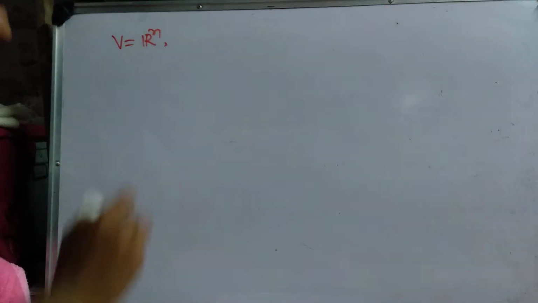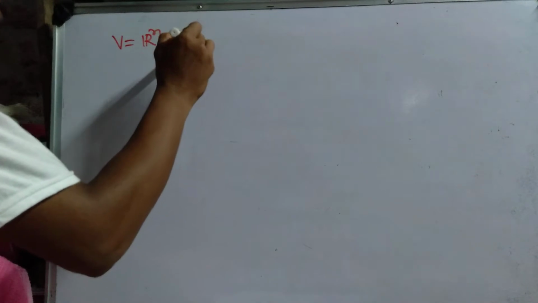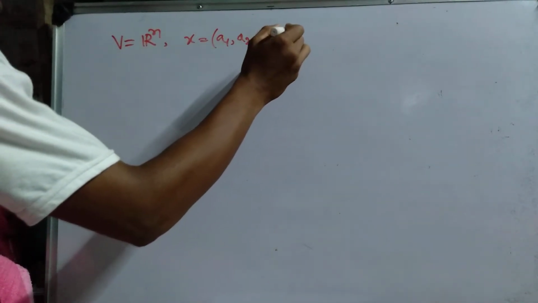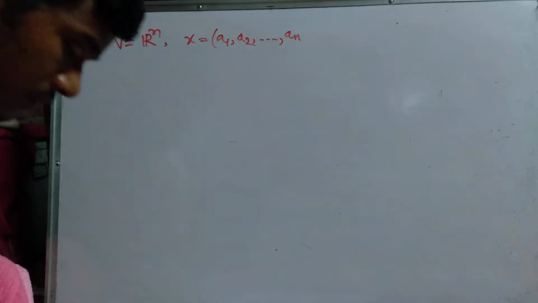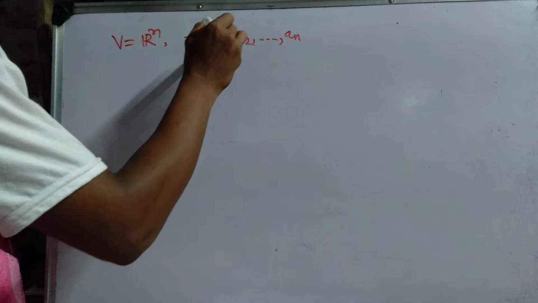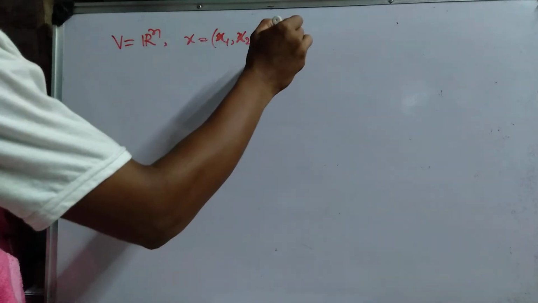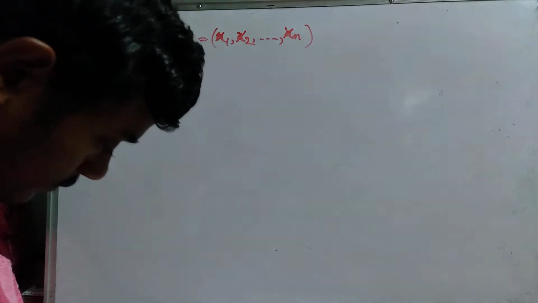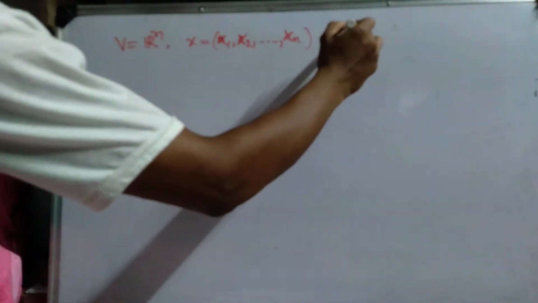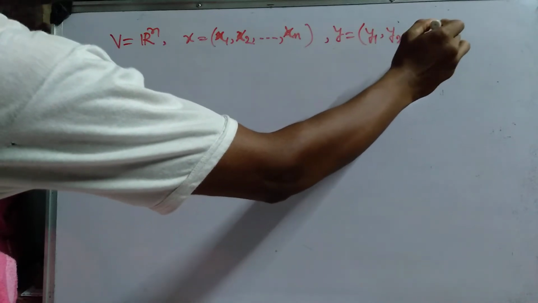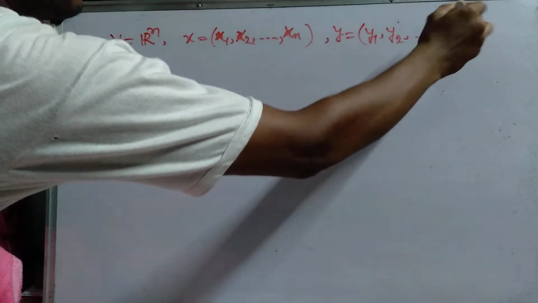We consider V equal to R^n, and x equal to x1, x2, ..., xn, and y equal to y1, y2, ..., yn.